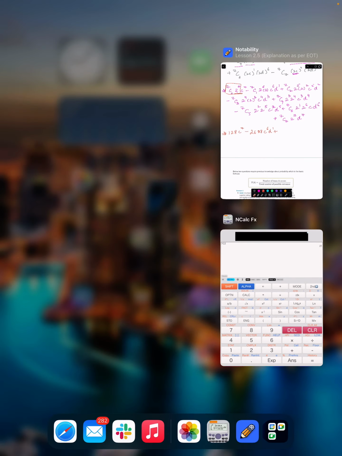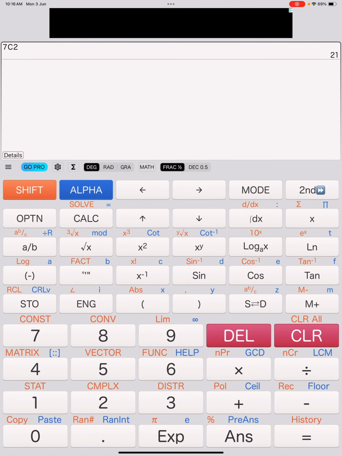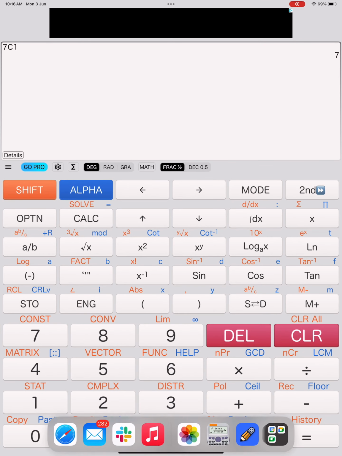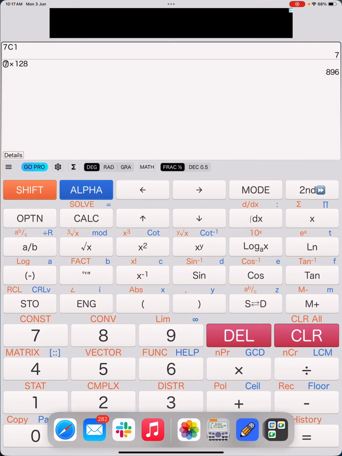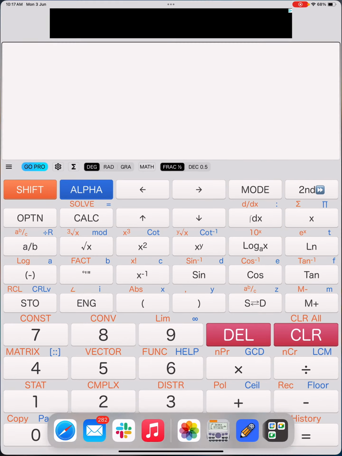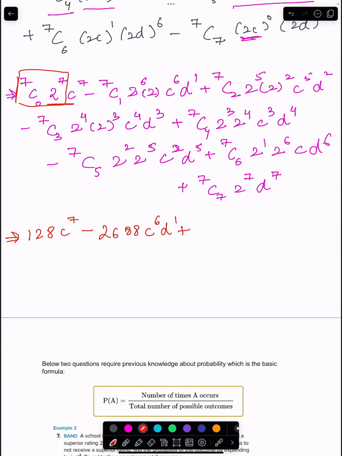It should be 7C1. I'm so sorry. So going back, it should be 7C1, which is 7. Multiply 128 and you get 896. This one here is 2688 because first by mistake I calculated the previous one, and this one we can change as 896, and here the variable C power 5 D power 2, and so on.